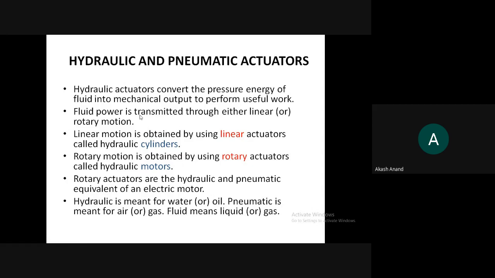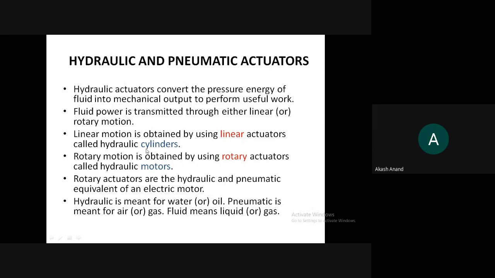In the case of linear motion, I already told you that linear motion is obtained by using linear actuators. Linear actuators are called hydraulic cylinders. Why hydraulic? Because we are talking about hydraulic system operated actuators. And why cylinders? Because its output is linear.